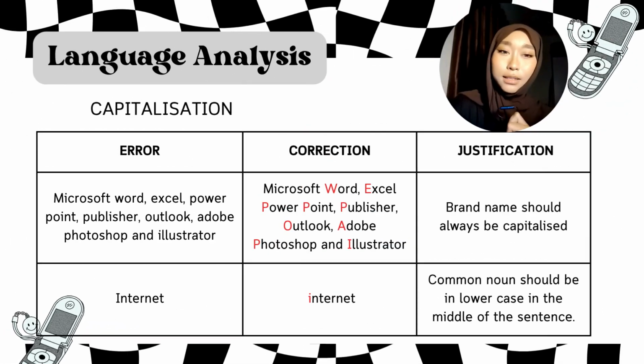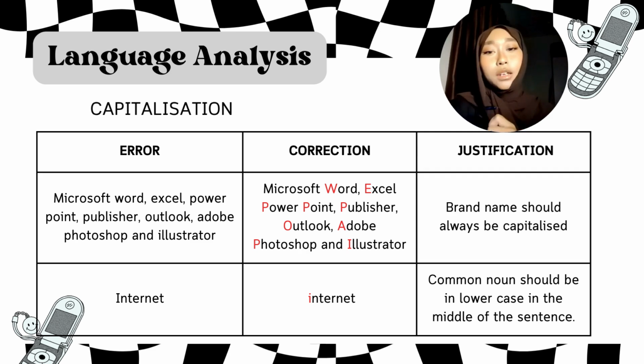Okay, for the second one is capitalization. So as you can see in the table, I changed from Microsoft Word with a lowercase w into a capitalized W and so on. The reason why I changed is because Microsoft Word, Excel, PowerPoint, Publisher, and so on are proper nouns.